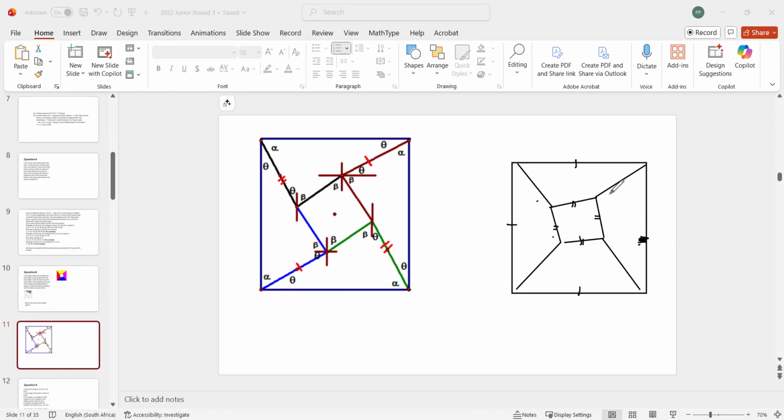Right. Now I claim that this line here is equal to this. If there is a triple stroke, I claim that this is also a triple stroke.